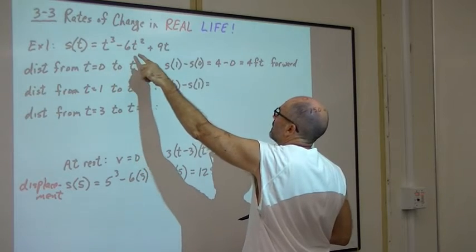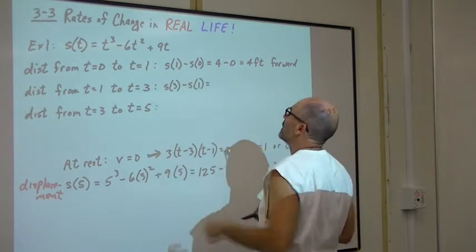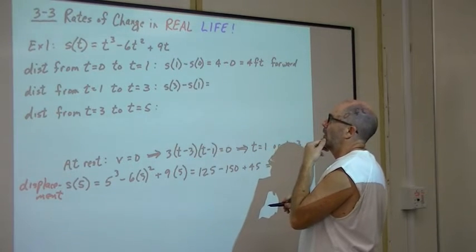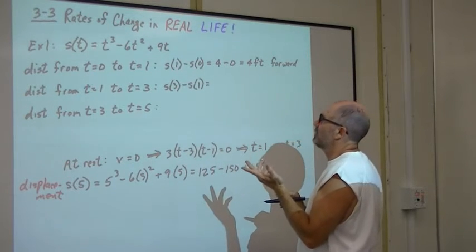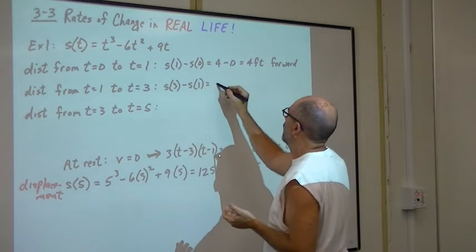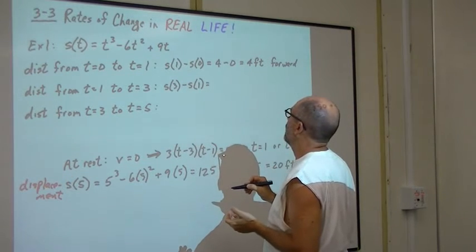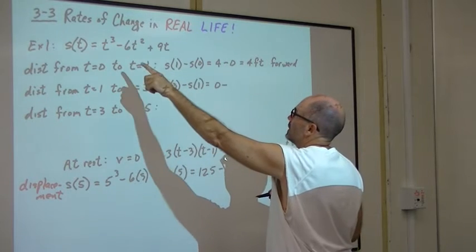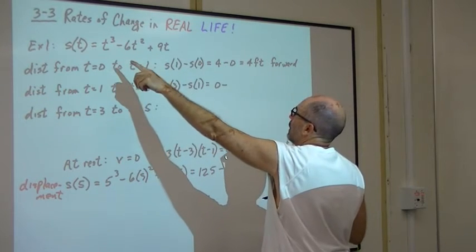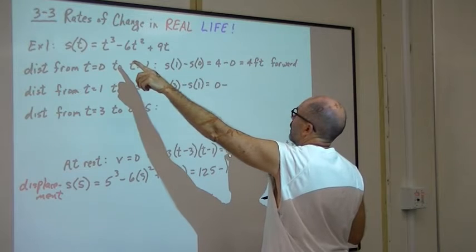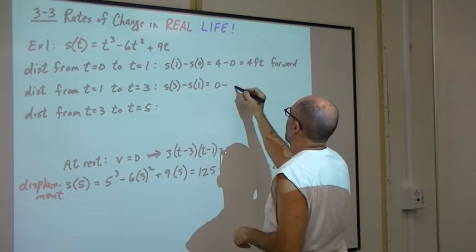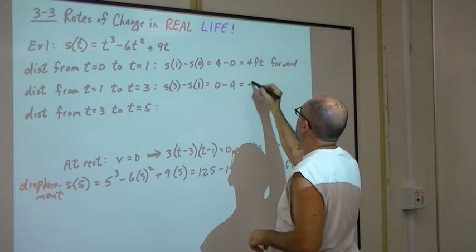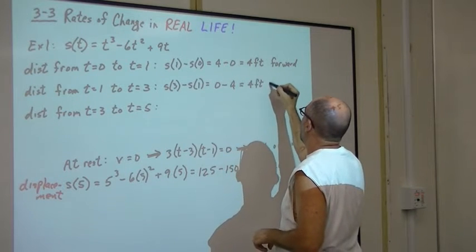So 27 minus 54 is negative 27, plus 9 times 3 is 27. So that's going to be 0 minus s of 1, which is 4. So then it went 4 feet backward.